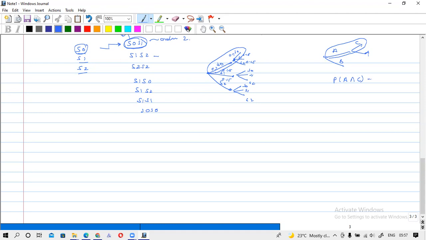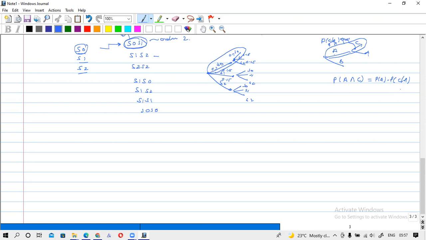I think you can remember that P(A and C) is equal to P(A) and P(C given A). So here this probability is the conditional probability P(C|A). After A, what is the probability we can get C? If we get A, then what is the probability of C? This is denoted by P(C|A), the conditional probability.